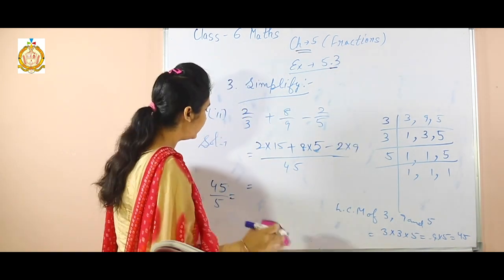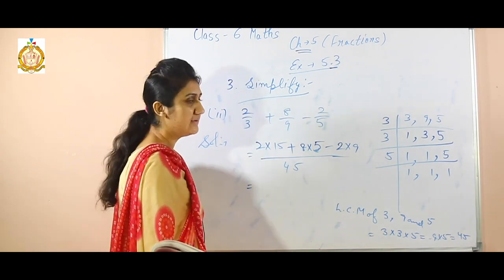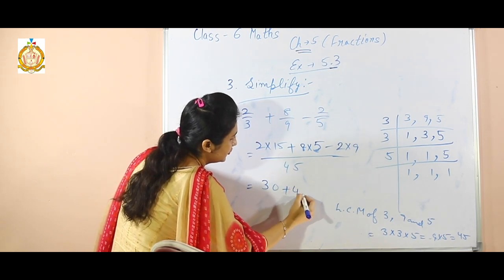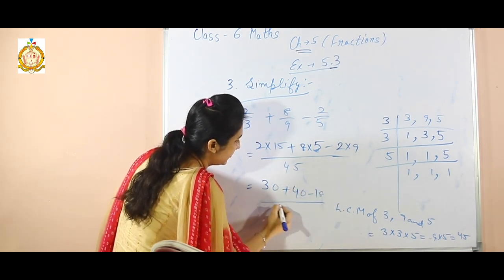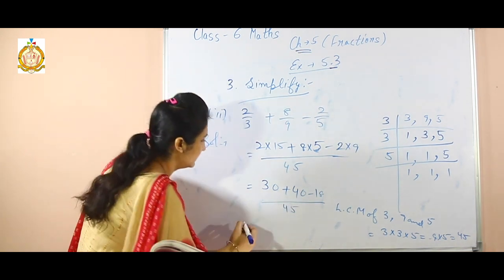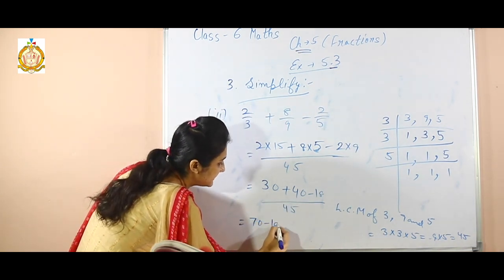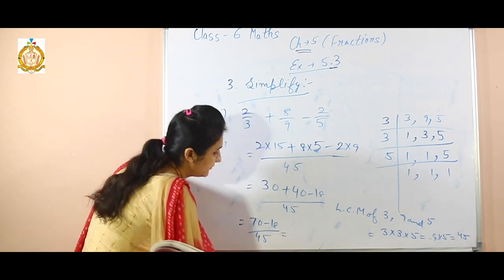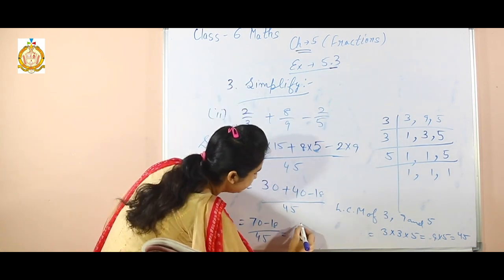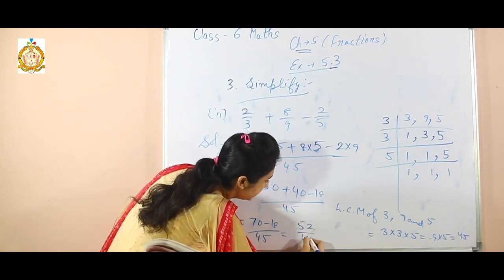Now first multiply the terms and then add or subtract. 30 plus 40 minus 18 upon 45. 30 plus 40 is 70, minus 18 upon 45. If you subtract, you will get the answer 52 upon 45.